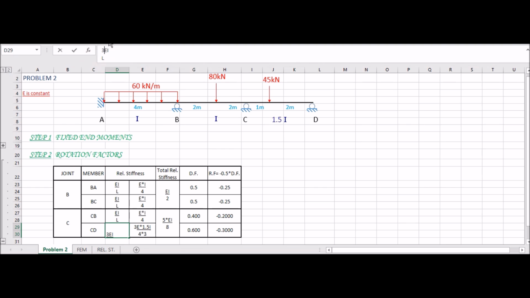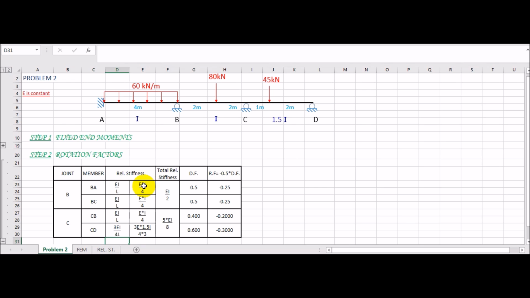It's 3 by 4. For CD, since D is the far off end and it is hinged, D is an end joint and it is hinged, so far off end hinged, that is the reason relative stiffness is 3 by 4 EI by L. Okay, so now we write them here.